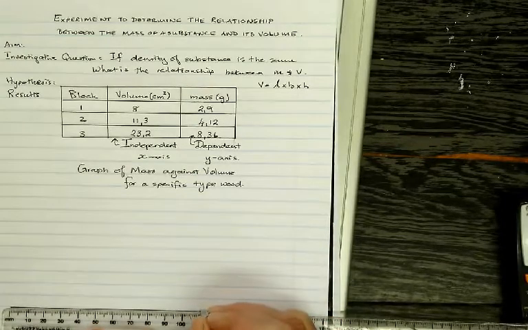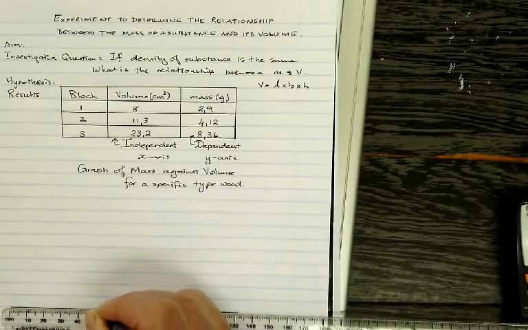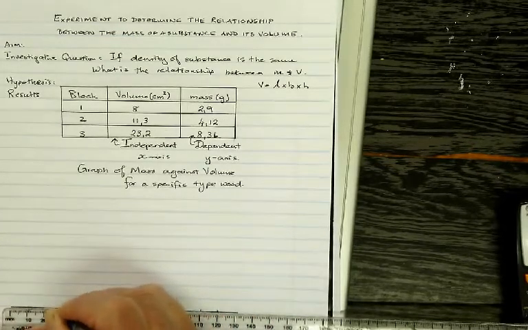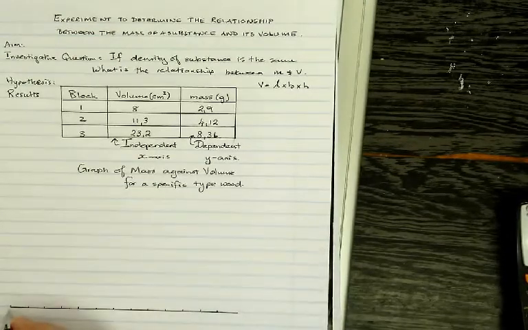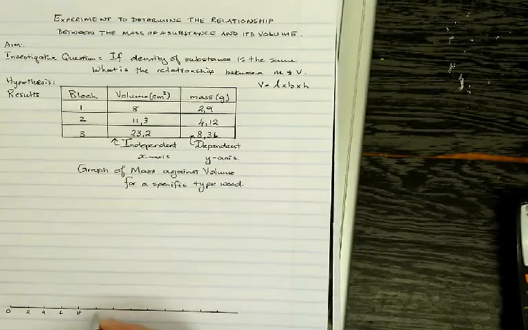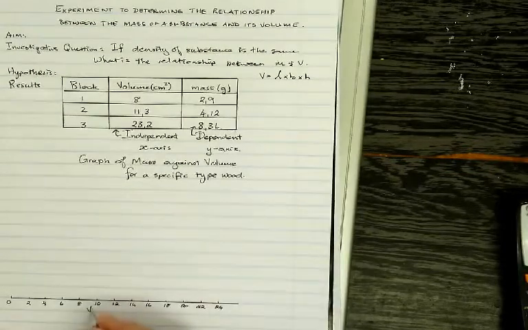So 0, 2, 4, 6, 8, 10, 12, 14, 16, 18, 20, 22, 24, and this would be the volume, in cubic centimeters.